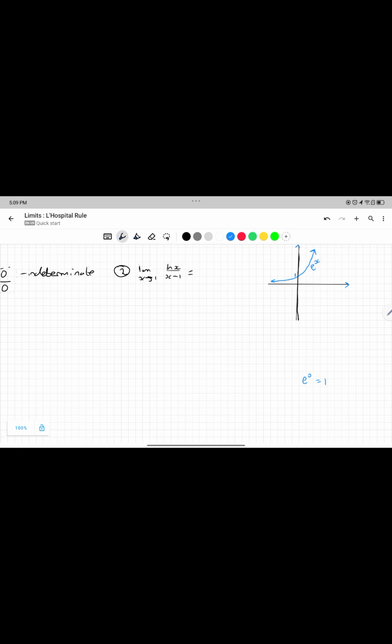Okay. Now let's reflect this about the y equals x line. So a line that goes something like this. So this line is a y equals x line.